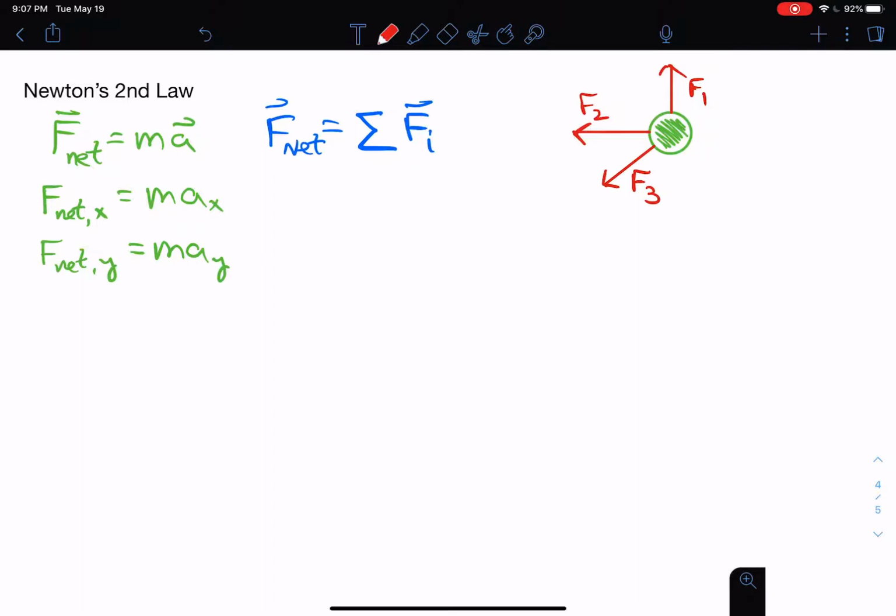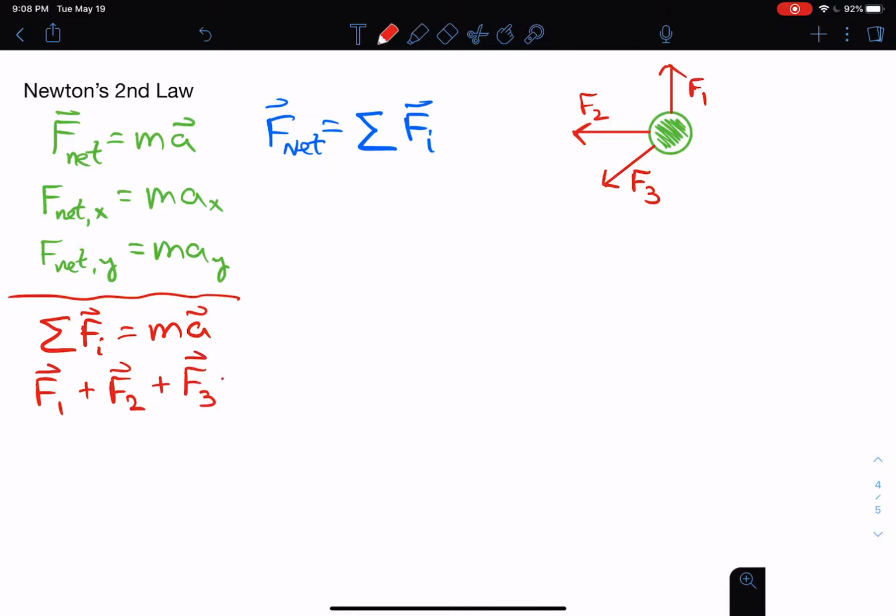And I want to show how these forces get put into Newton's second law. So let's start over with Newton's second law. Instead of writing it as the net force, I'm going to write it as the sum of all the individual forces has to equal the mass times the acceleration. And this means that I've got my three forces, so I've got to do F1 plus F2 plus F3.